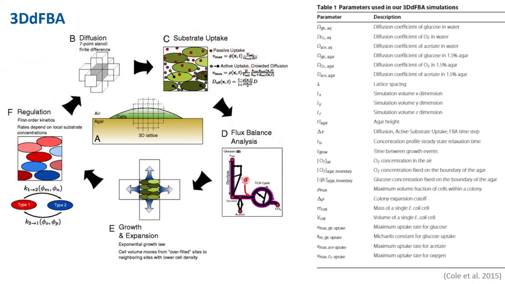Then you run the flux balance analysis of the metabolic network, and it is interesting that you can switch on and off certain parts of the metabolism. I will show you shortly. And then you have the growth or expansion of cells, pushing upon splitting, and you can have some regulation.